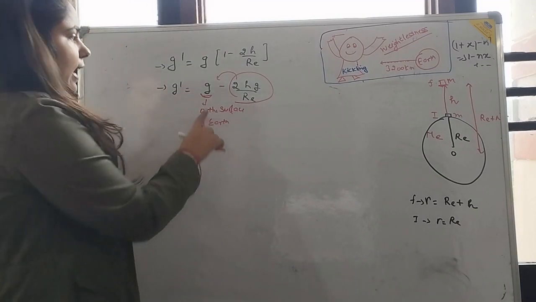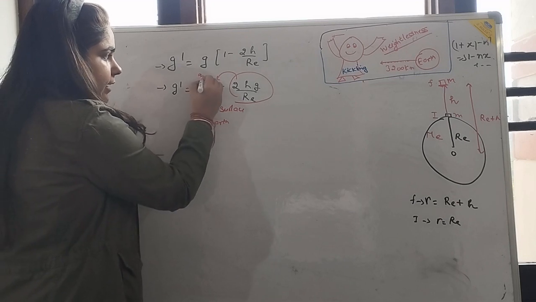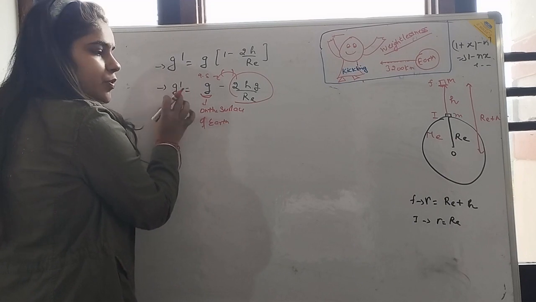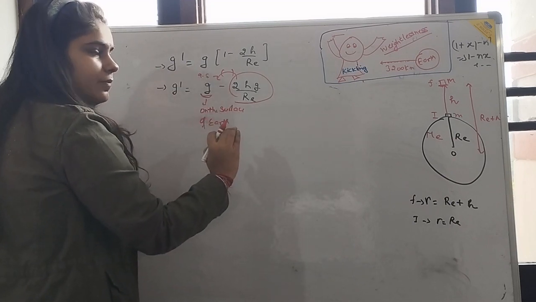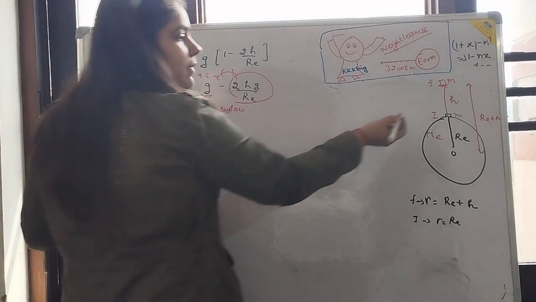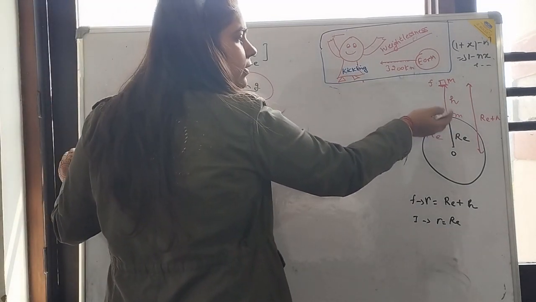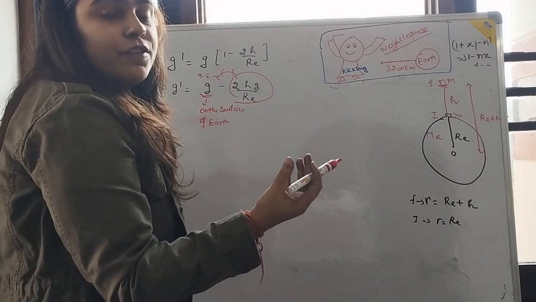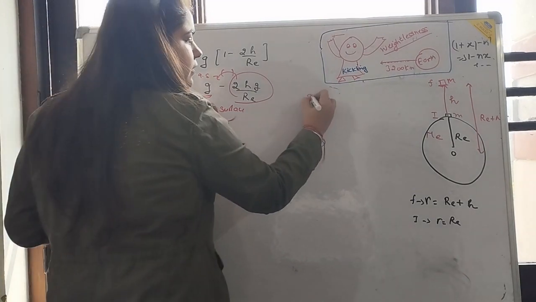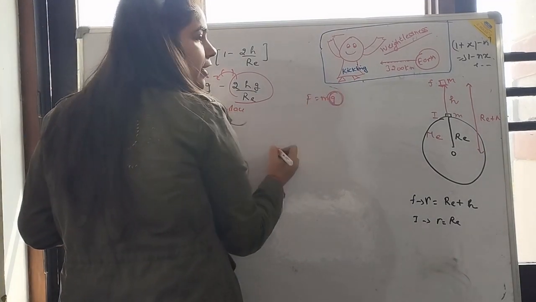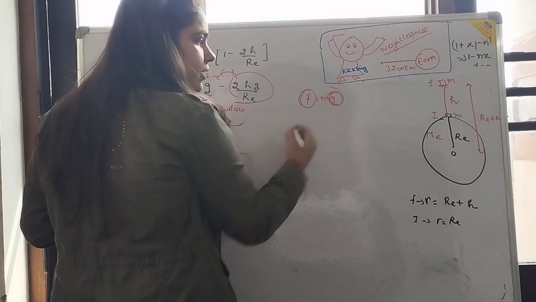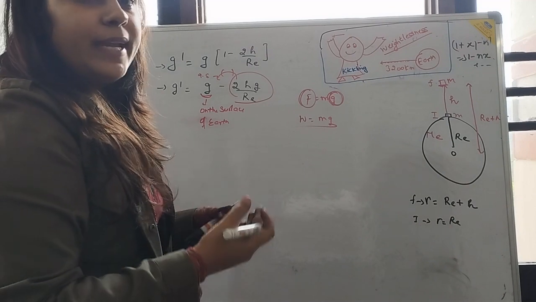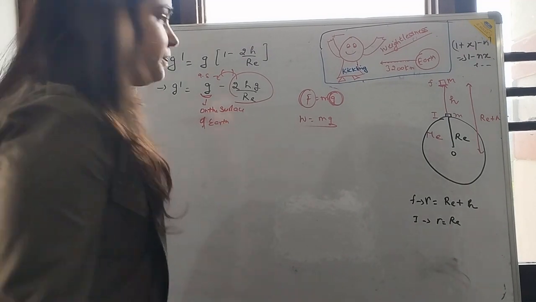Did you get my point? On the surface it is 9.8, and subtracting some term from 9.8 means acceleration due to gravity is decreasing with height. As a person or any object goes upward, the force of gravity, F equal to mg, is reduced, that is, weight is reduced. We feel that our weight gets lesser with height.